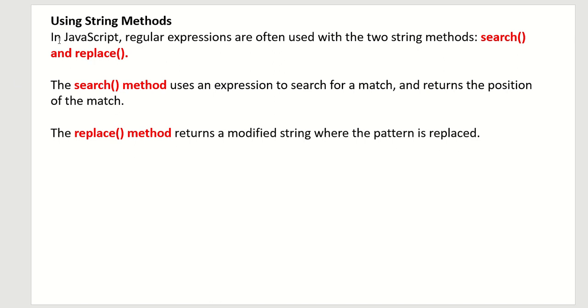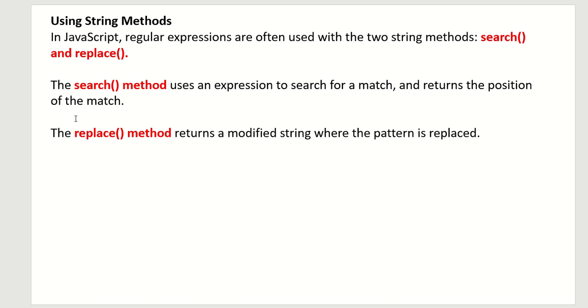First of all, using string methods. In JavaScript, regular expressions are often used with two string methods: the search function and the replace function. The search method uses an expression to search for a particular match and returns the position of the match.